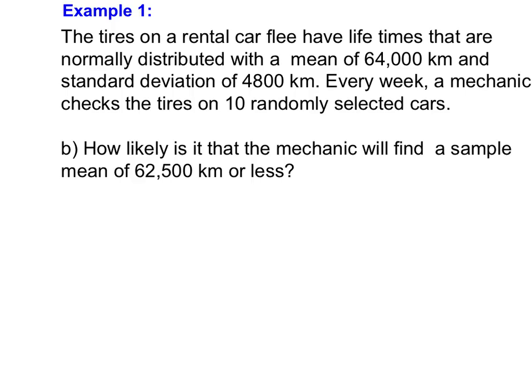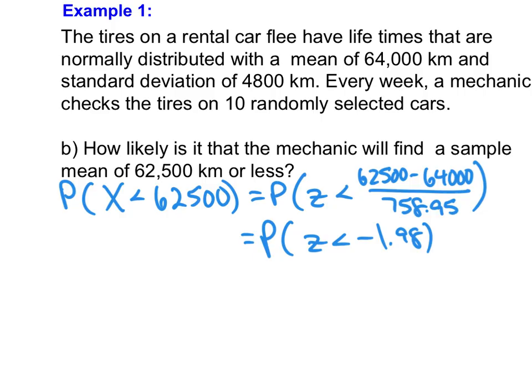How likely is it that the mechanic will find a sample mean of 62,500 or less? So we're going to say, what's the probability that X is less than 62,500? We're going to use our Z-score for that. So our X is going to be the 62,500 minus our mean, which is 64,000. And because this is a sample, now we're looking at our sample standard deviation of 758.95.